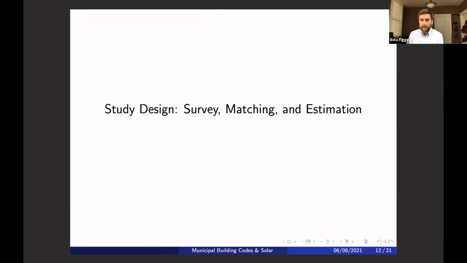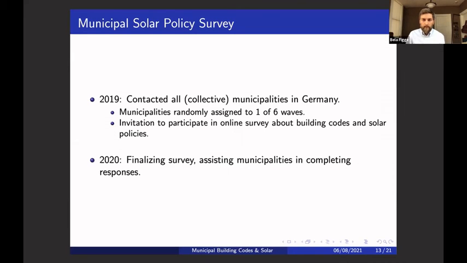So I'll go right ahead to our study design, the survey we did, our matching and estimation strategy. To obtain information on municipal policies in Germany, we contacted all municipalities in Germany using an online survey. We contacted municipalities via email, and we really targeted individuals in municipal administrations that are responsible for implementing building codes, for writing them.